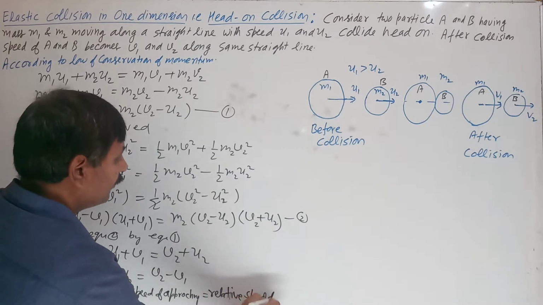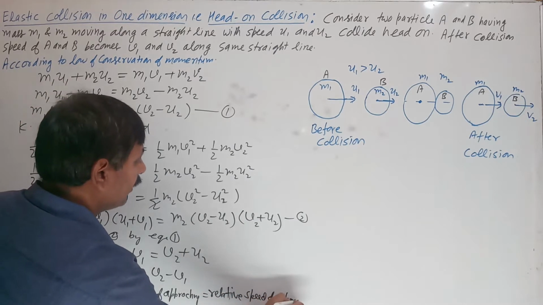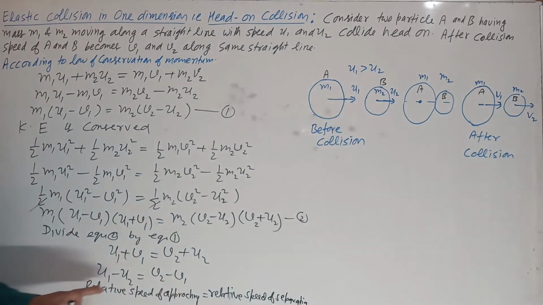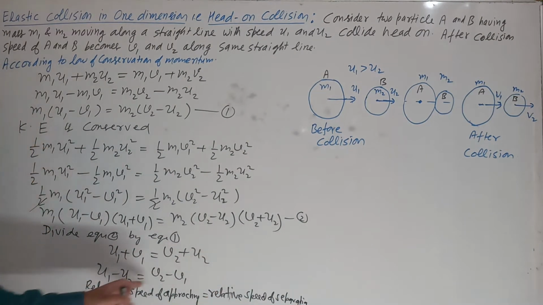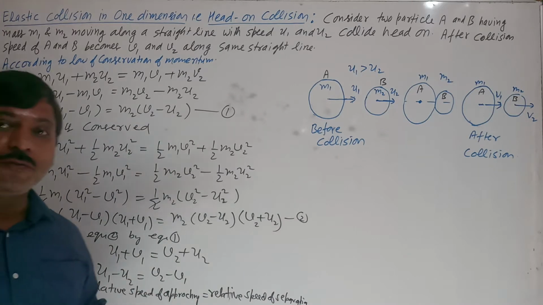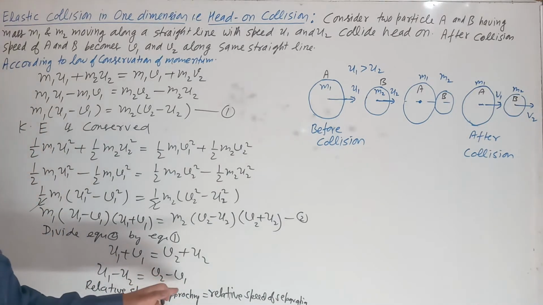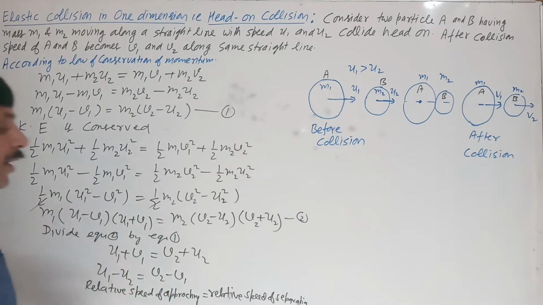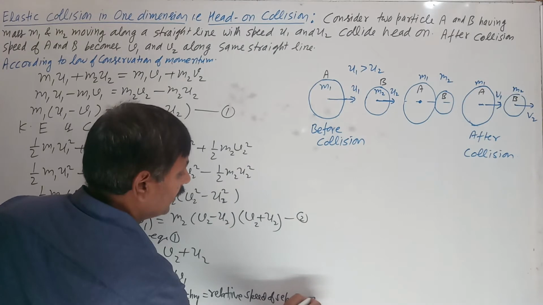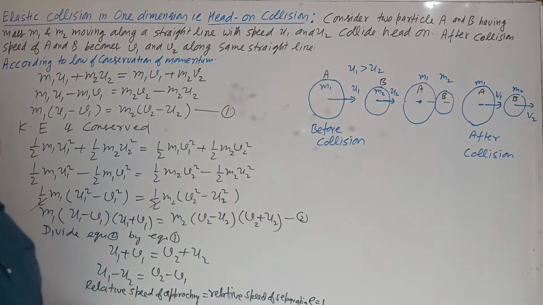Here you can see, if they are equal, then the coefficient of restitution, that is v2 minus v1 upon u1 minus u2, both are the same, so this will come E is equal to 1.